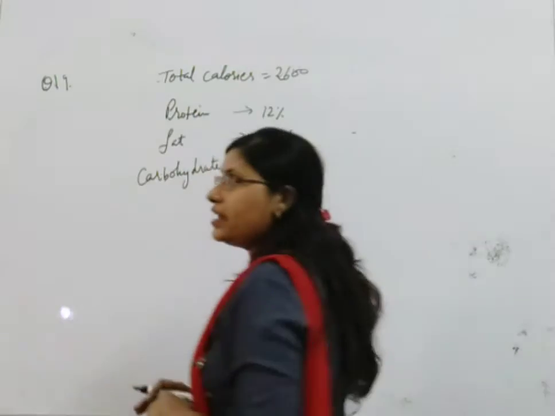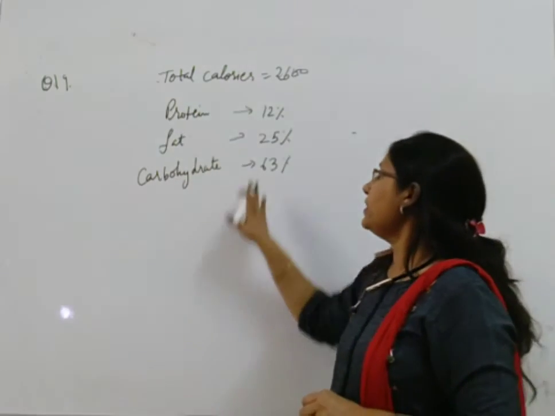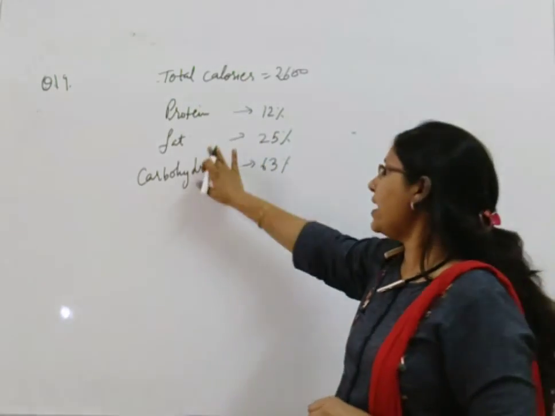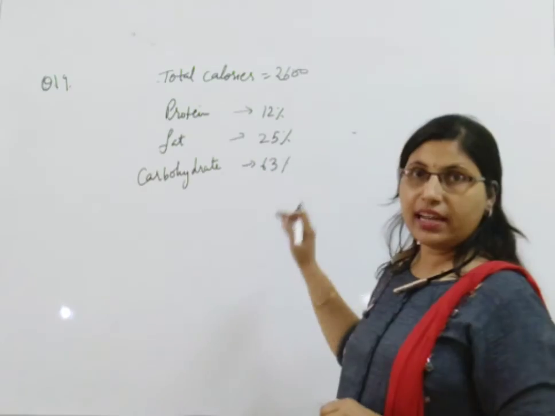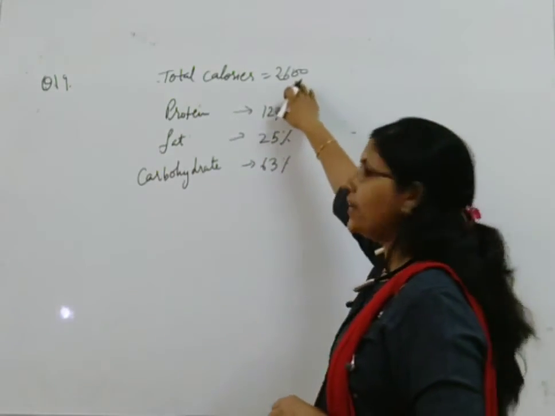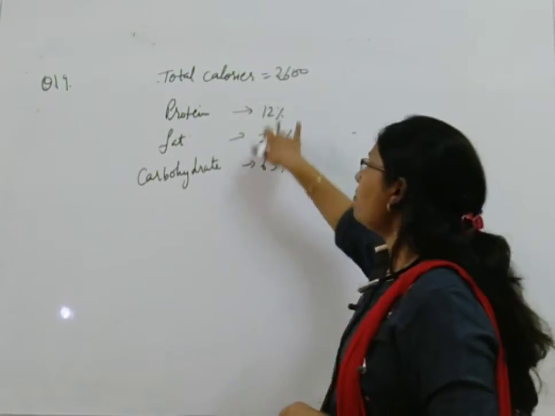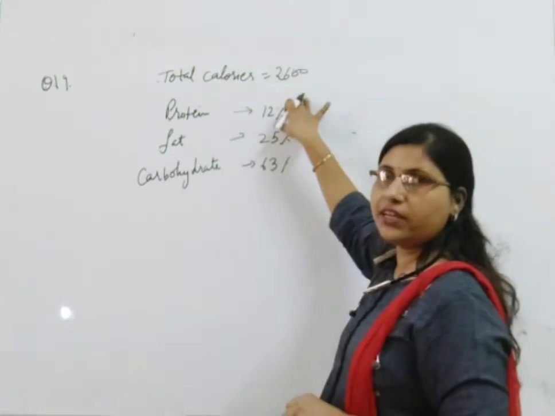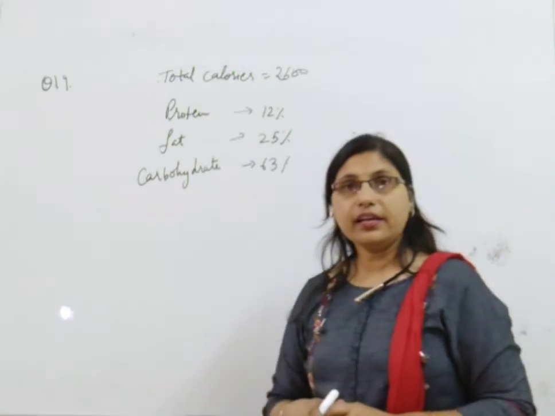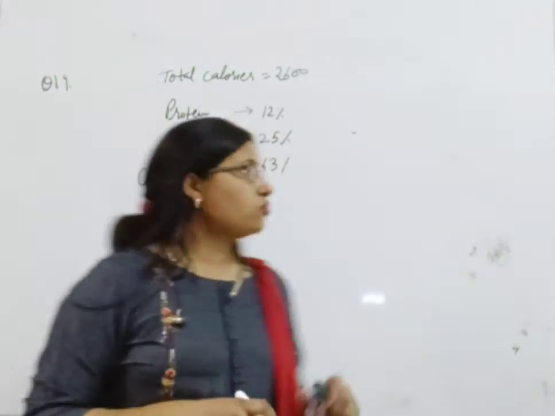So how much calorie is the child taking in the form of protein, fat and carbohydrate? So that we can calculate. How can we calculate? 12% of 2600, 25% of 2600 and 63% of 2600. Clear everyone? So that question you have to complete yourself.